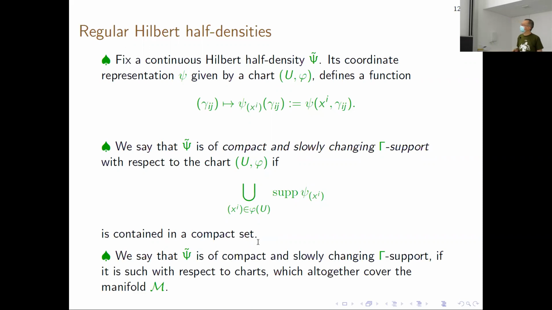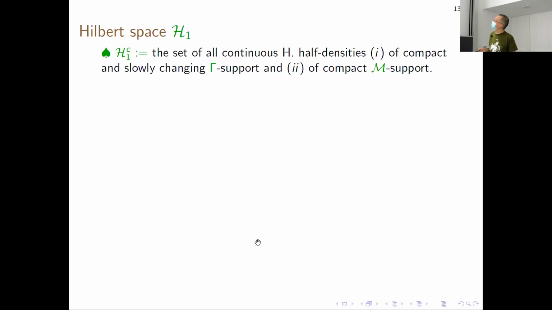Okay, and if I am able to cover the whole manifold by charts like this one, then I will say simply that the Hilbert half-density psi is of compact and slowly changing gamma support. And it turned out that this requirement, together with continuity and with compact support on M, is enough for our purpose.